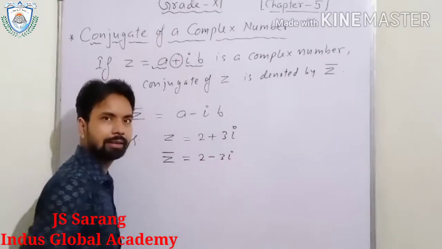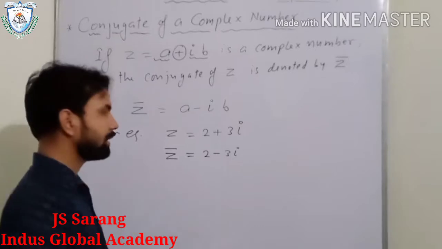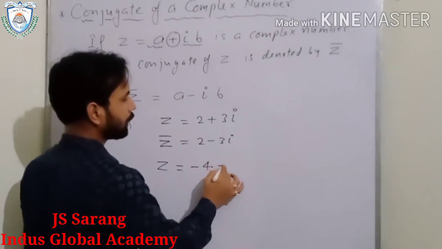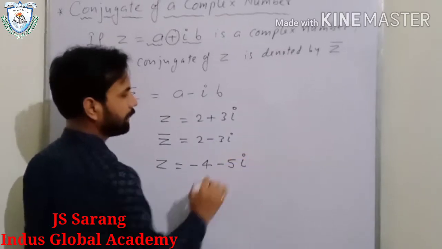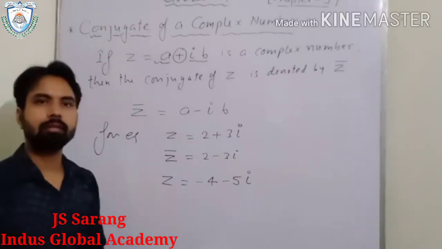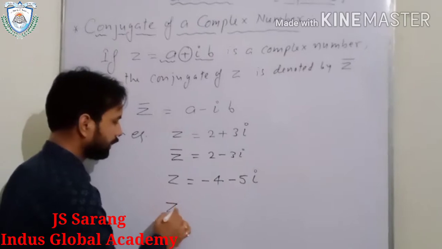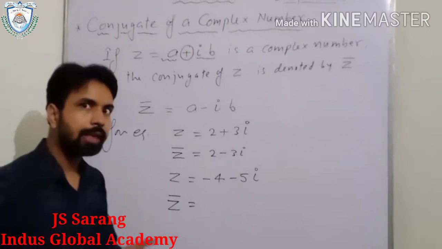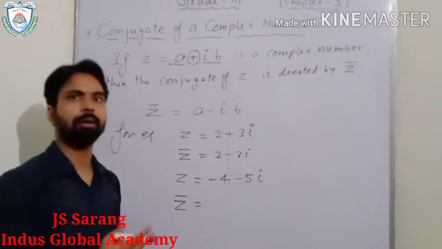Students, I am taking one more example. If z equal to minus 4 minus 5i, and we have to find its conjugate. So beta, its conjugate will be z bar equal to, what I told you, we will have to change the sign of the imaginary part.